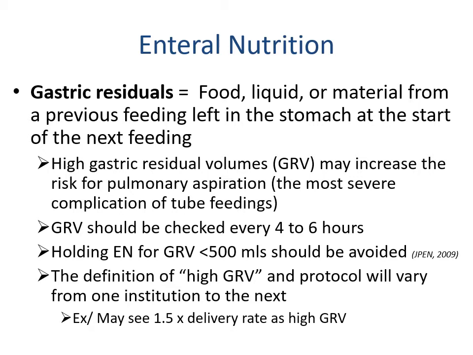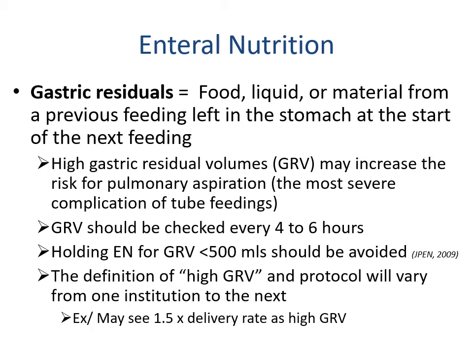The ASPEN guidelines state that as long as the gastric residual is less than 500 milliliters, we do not stop feeding the patient. The ASPEN guidelines state that we want to see 2 residuals, both greater than 500 milliliters, before we stop the feeds. So anything less than 500, do not stop the feeds.